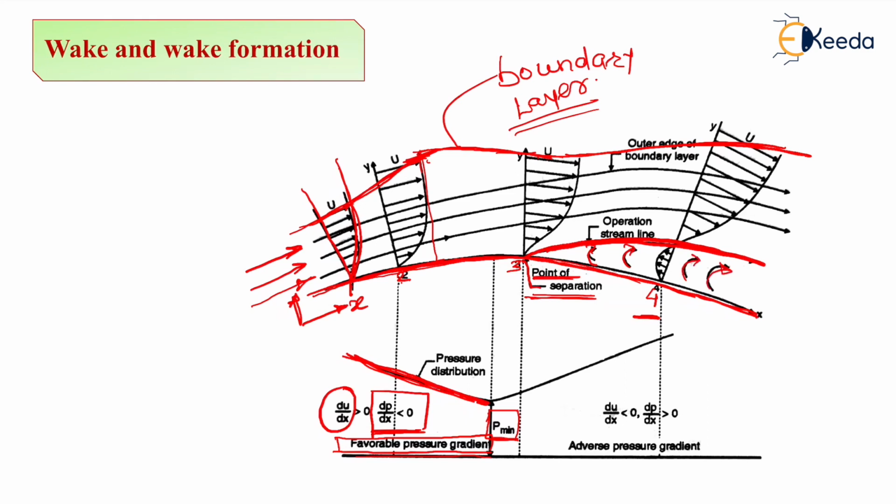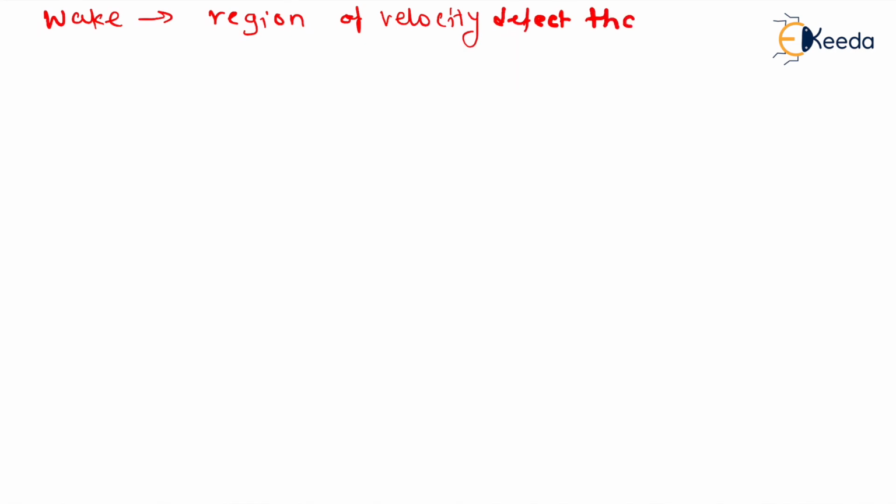So these are called wake. Technically, if I want to define wake, then wake is a region of velocity defect that grows due to diffusion.